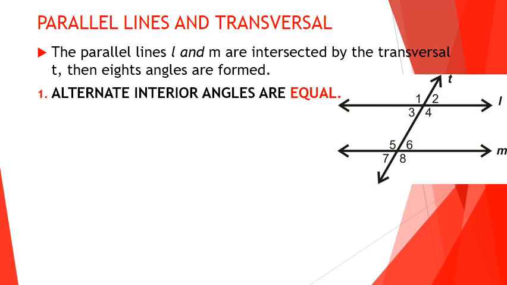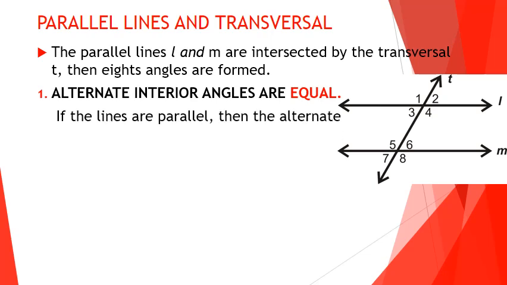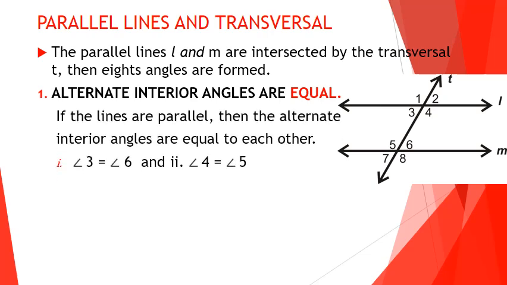If the lines are parallel, then the alternate interior angles are equal to each other. We know that angle 3 and angle 6 are alternate interior angles. Here the lines are parallel, so we can write that angle 3 equals angle 6 and angle 4 equals angle 5.